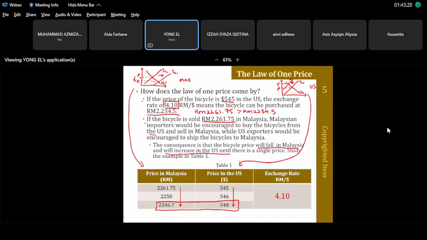Can anyone do the calculation? You convert 548 using this exchange rate, what is the value you get? Five four eight times 4.10, you get, anyone? 2246.8 or 7.